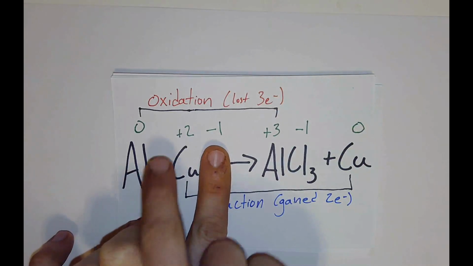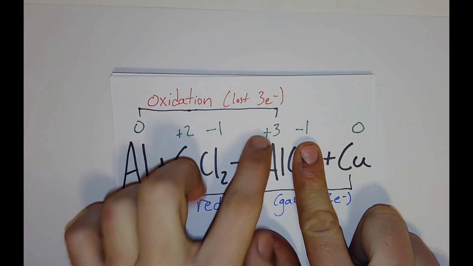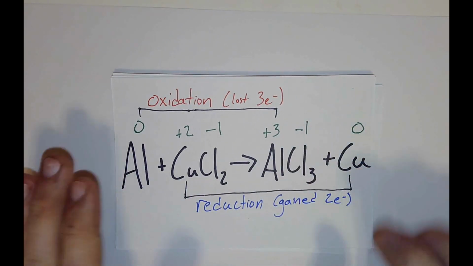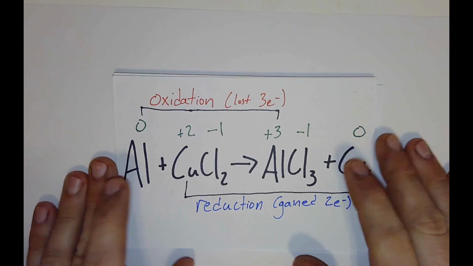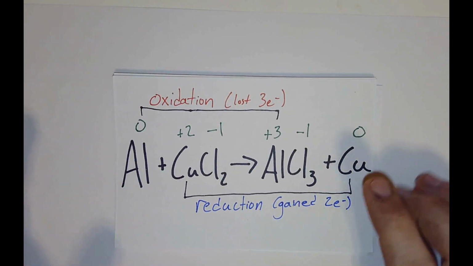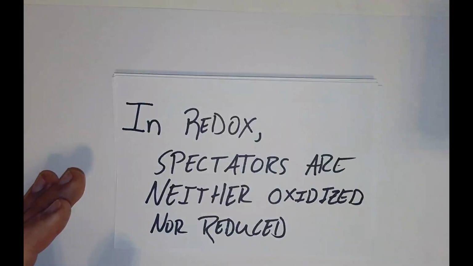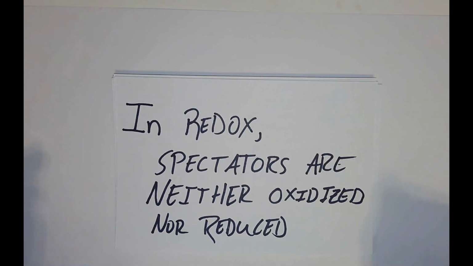And this is really the reaction between aluminum and the copper plus 2 ion to make the aluminum plus 3 ion and copper as a metal. The chlorine, it's in the reaction, but it's a spectator. And for the rest of the time, if it's a spectator, we get to ignore it. So a formal definition of a spectator is things that are neither oxidized nor reduced. They just kind of watch the reaction, right?